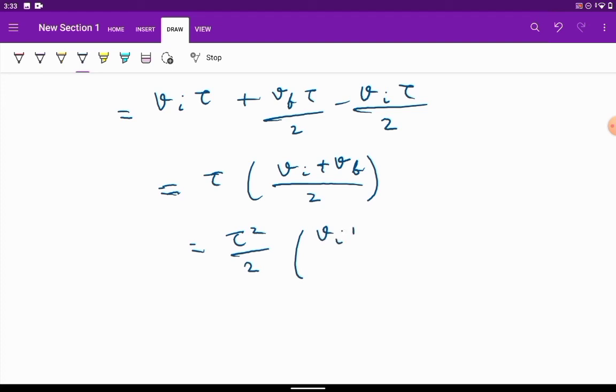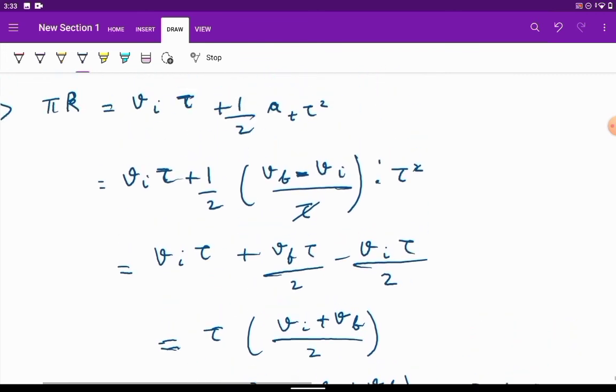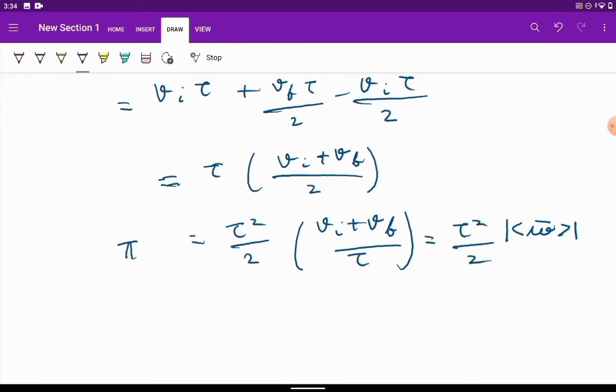This is tau square by 2 into the magnitude, and it equals pi r.